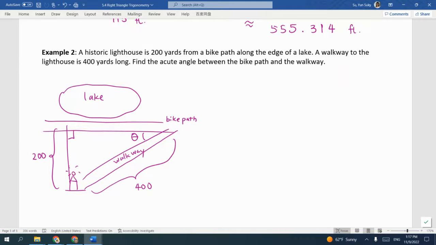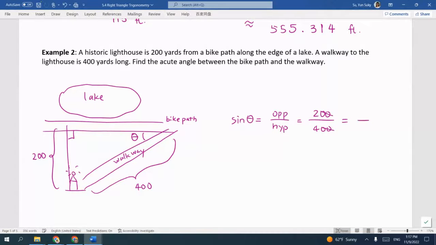Okay, so we have sine theta is opposite over hypotenuse. Opposite is 200. Hypotenuse is 400. Can you simplify them?